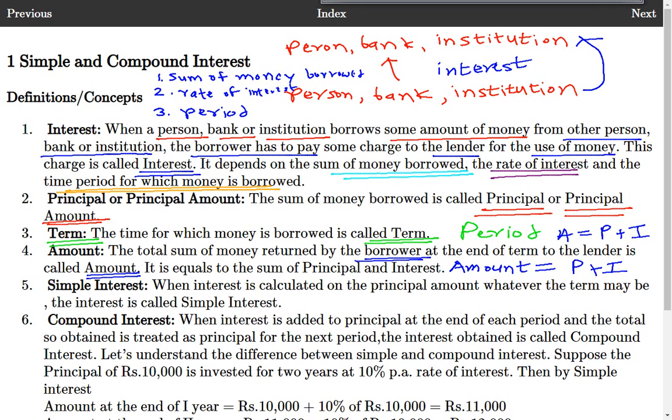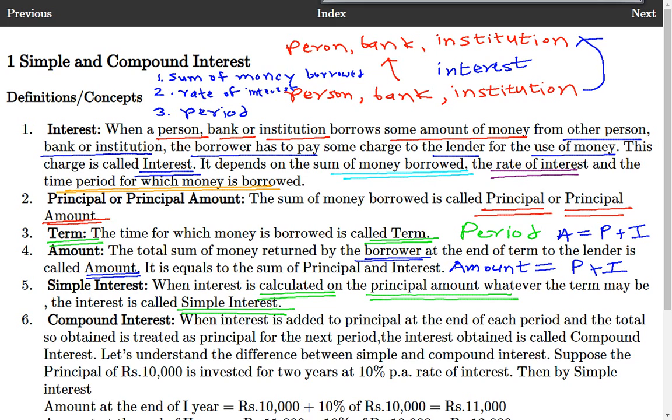Next concept, simple interest. When the interest is calculated on the principal amount, whatever the term may be, the interest is called simple interest.